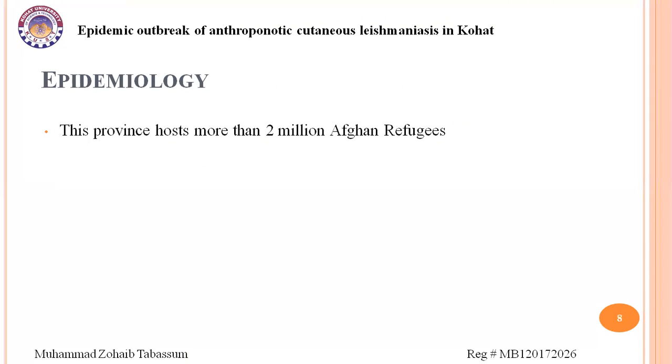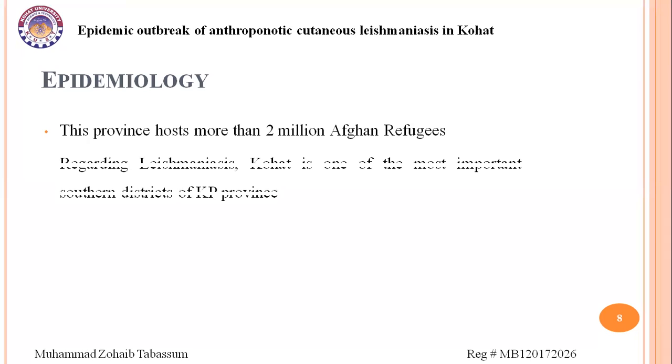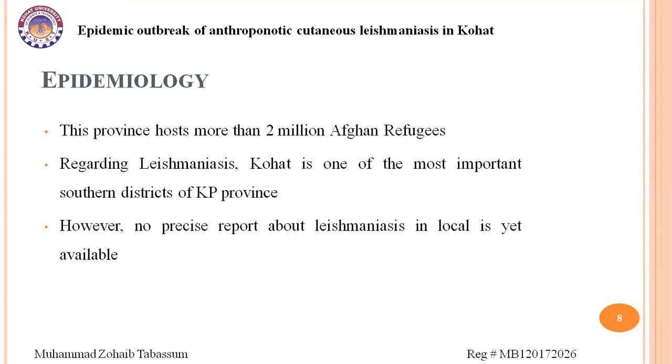The province hosts more than 2 million Afghan refugees. Regarding leishmaniasis, Kohat is one of the most important southern districts of KPK province. However, no precise report about leishmaniasis in the local population is yet available.